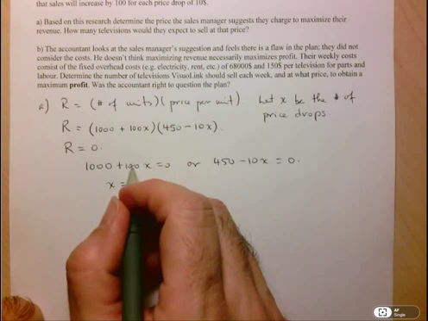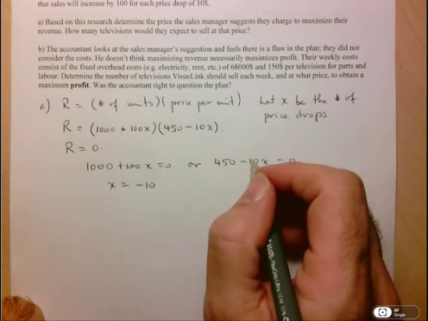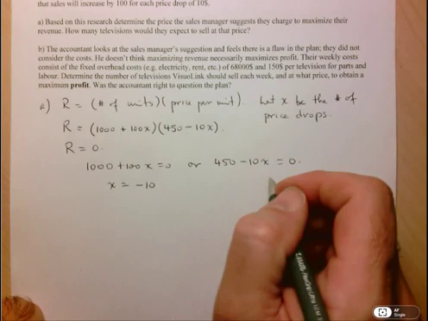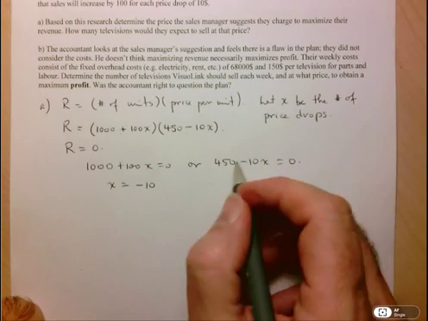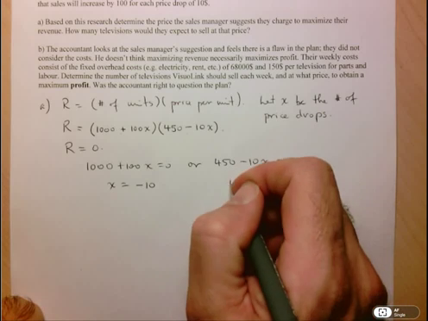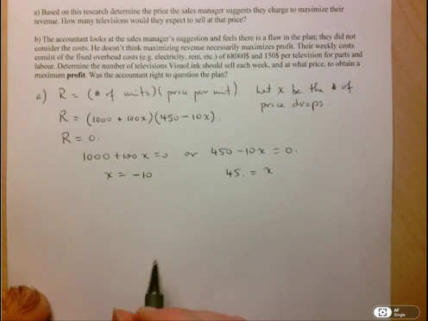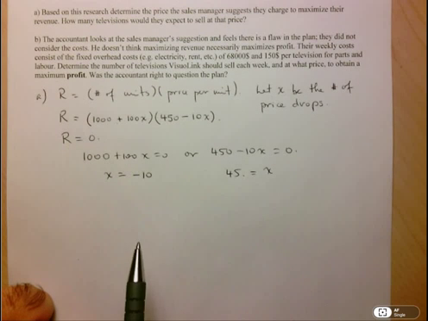Negative 1,000 divided by 100 is negative 10. Here, we'll bring the 10x to the other side. So we've got 10x equals 450, and 450 divided by 10 is 45. So these are the x-intercepts of this function.